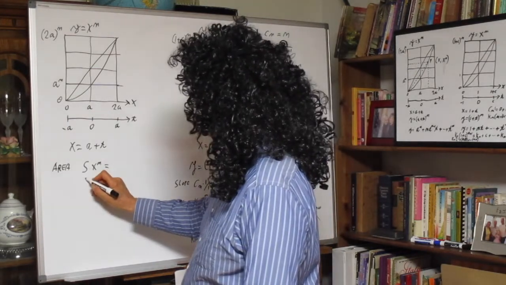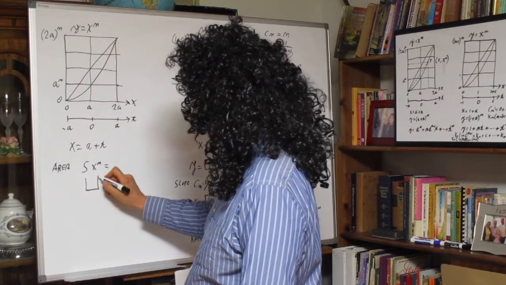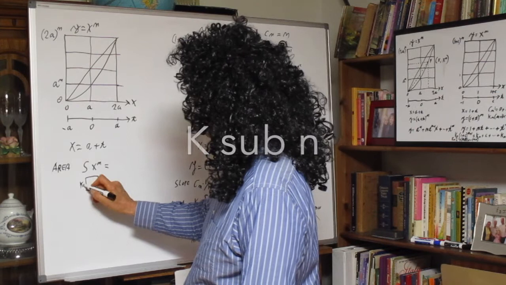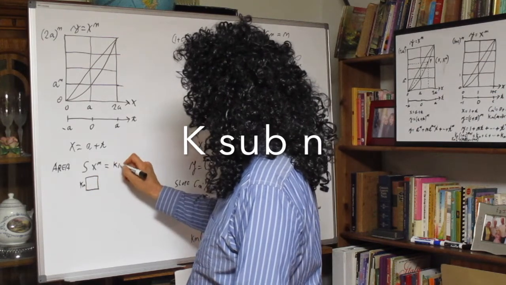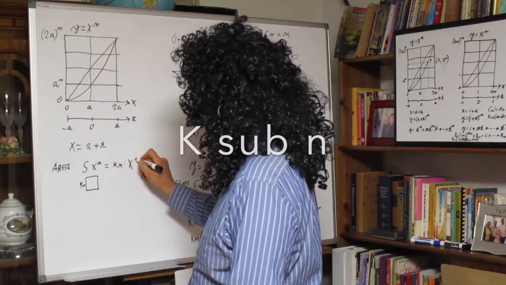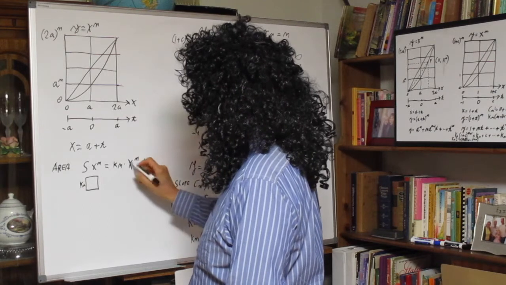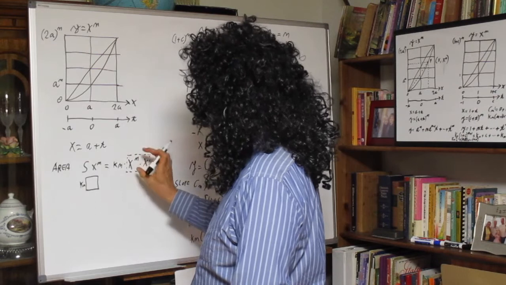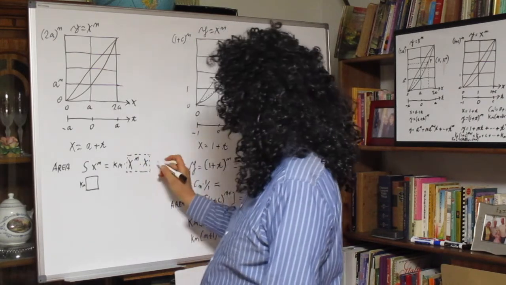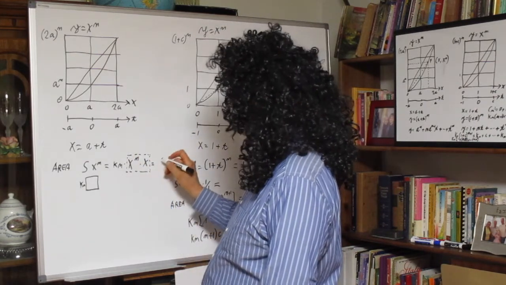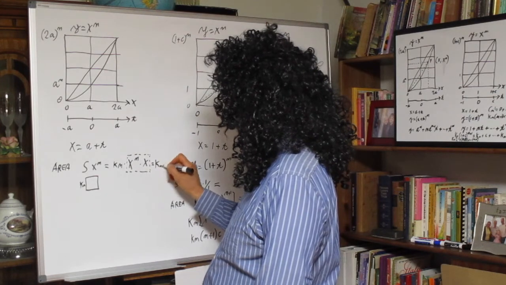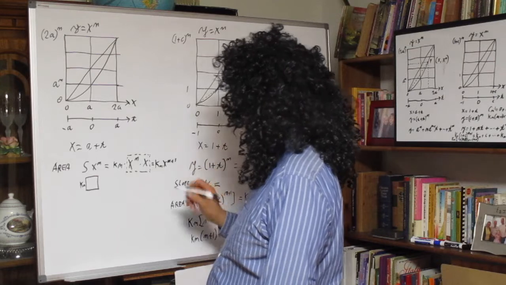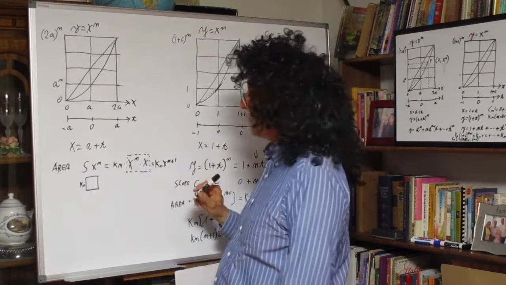Literally, we're talking the box times k to the n. Right? So it's k to the n times x to the n times x, which forms a literal box. Height times base, which you can look at it also as k sub n x to the n plus 1, right? Raised by 1 power.